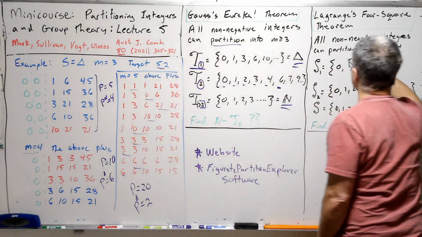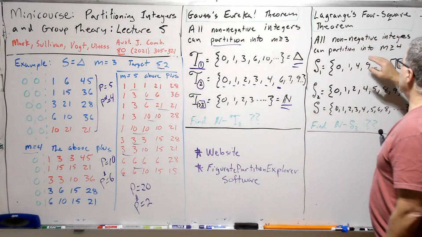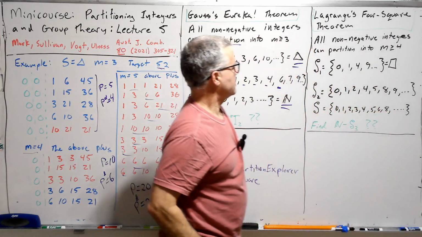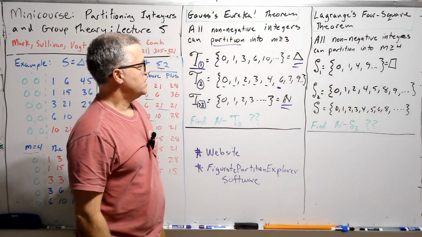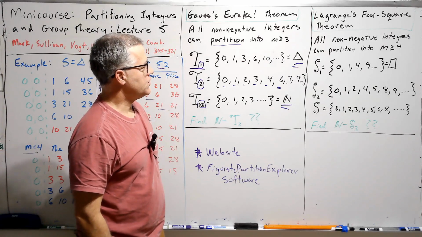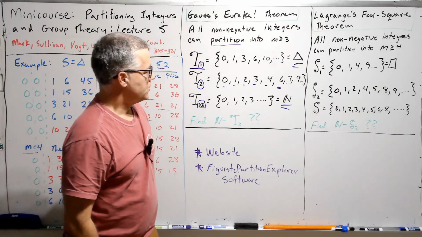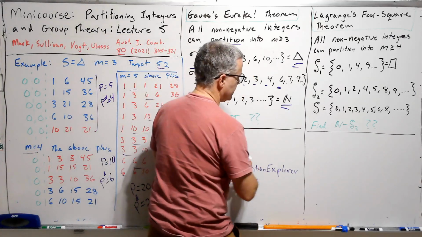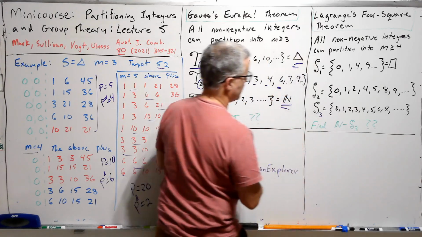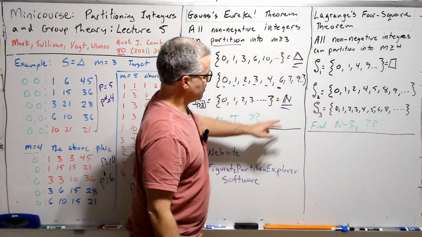So very similarly, Lagrange showed that if we use the square numbers, then we can partition any number if we have 4 or more. So that means there are 2 non-trivial sets here.